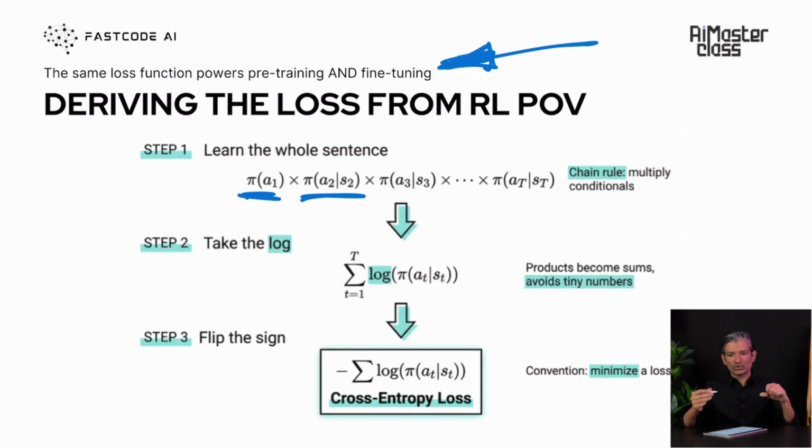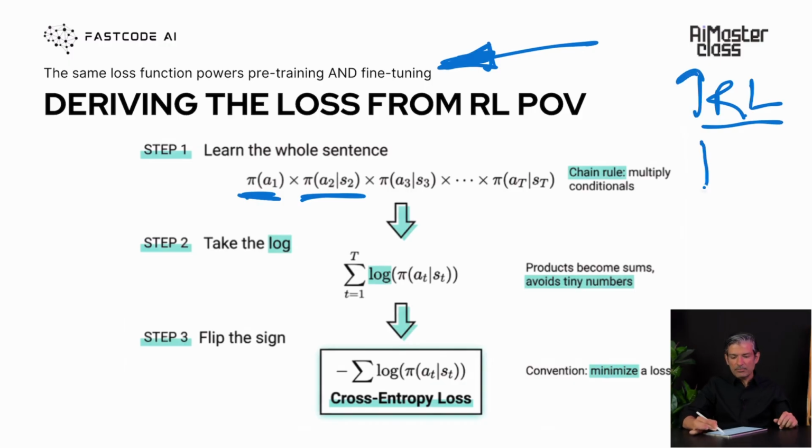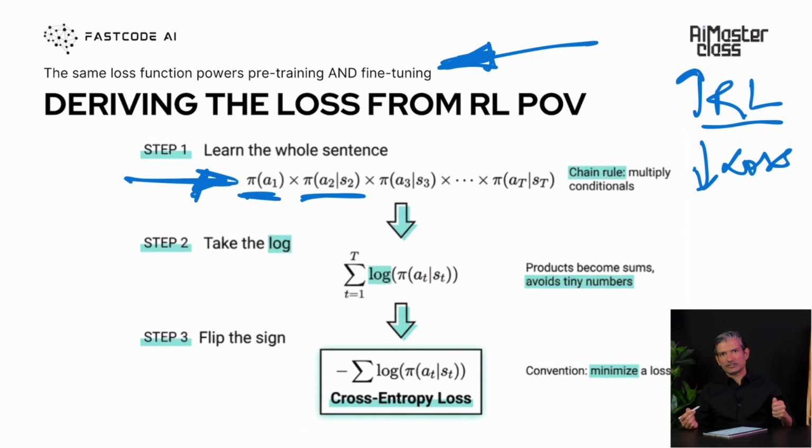Another interesting thing to note is that probably RL people were more optimistic. So they spoke about rewards and things which were positive. And I think machine learning people were more pessimistic. So they spoke about losses, and minimizing them. So we maximize a reward and we minimize a loss. But here we're talking about rewards. And what we are saying is, okay, we want to maximize this probability. We want to maximize the probability of A1. Then we want to maximize the probability of A2 given S2.